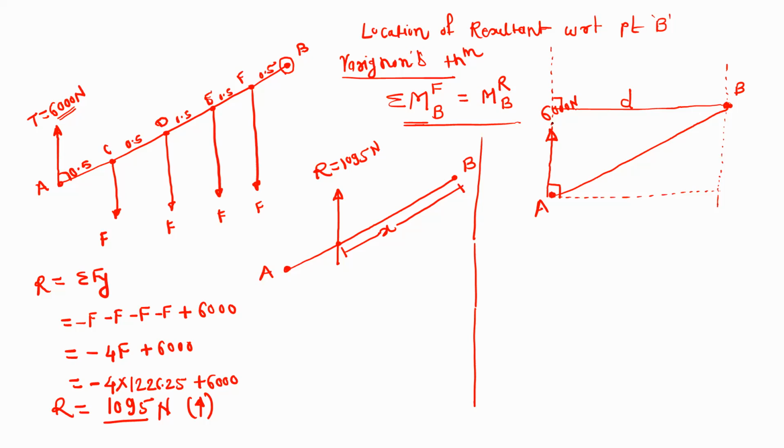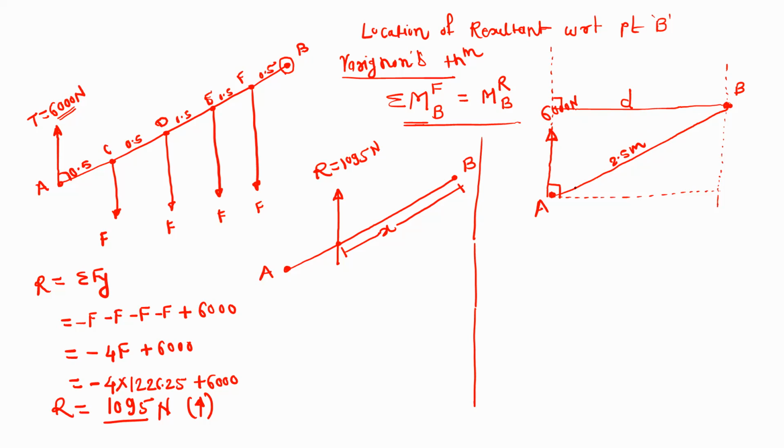So here 6000 into D will be the moment by the 6000 Newton force. So how to find out the distance D? To find out distance D, the total distance AB is equal to 2.5 meter. Just add the distance 0.5, 0.5, 0.5 up to point B, it will become 2.5.